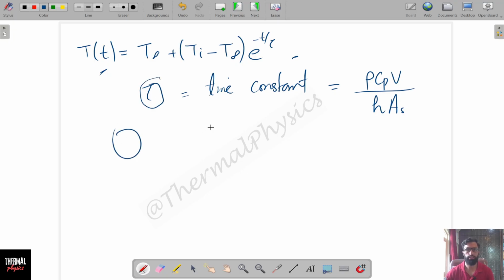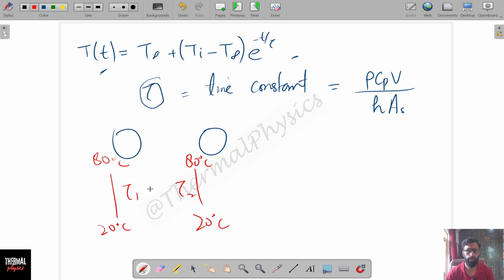Suppose there are two bodies, and both bodies are at 80 degrees Celsius initially, and the temperature of both has to drop to 20 degrees Celsius. If one has time constant tau 1, the other has time constant tau 2, and tau 1 is greater than tau 2, it means the first body will take more time to cool down, and the second will take less time to cool down, which means the second body will cool down faster than the first. This is what time constant means.